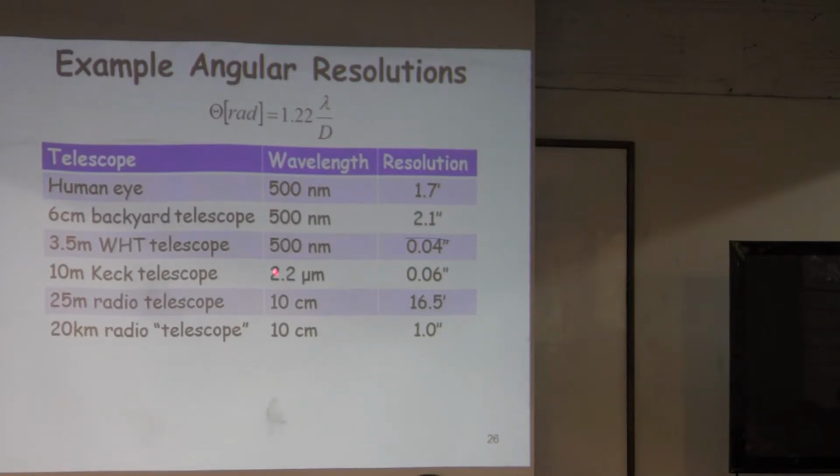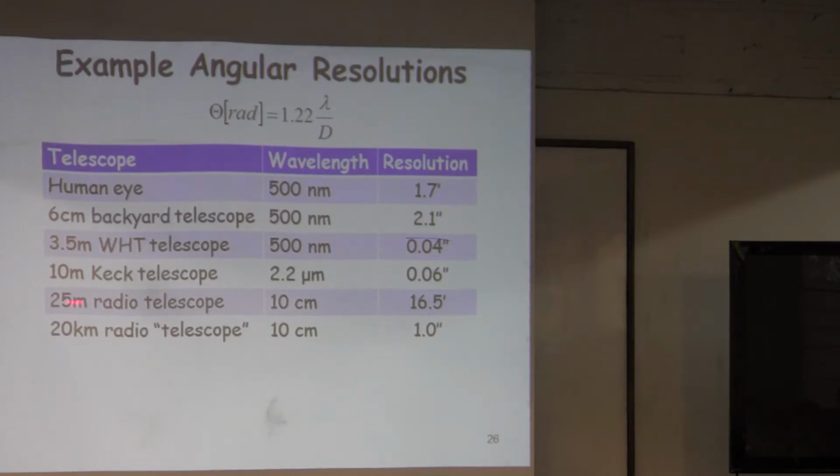And of course, the problem of the wavelengths is an important one, because if you then have a radio telescope, 25 meters, you think it's a big telescope, right? 25 meters, but because your wavelength is very long, say you have radio wavelengths of 10 centimeters, your resolution is only 16 arc minutes, worse than that of the human eye.